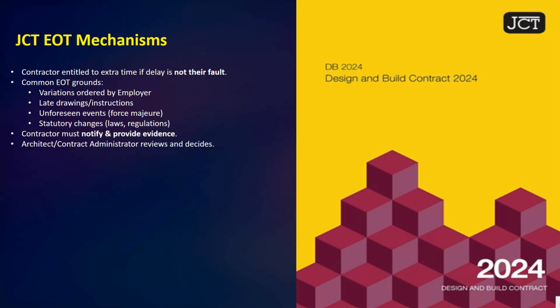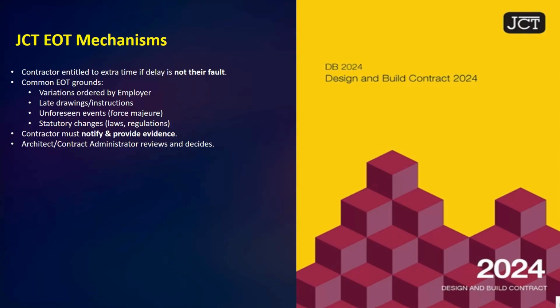Next we have the JCT EOT mechanism. Now let's talk about how extension of time works under the JCT forms. Under JCT, a contractor can get extra time, but only if the delay is not their fault.